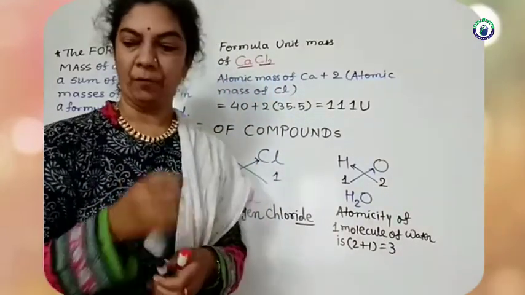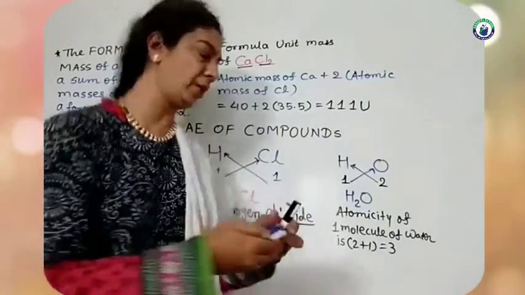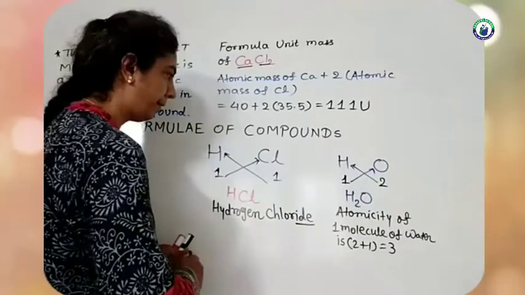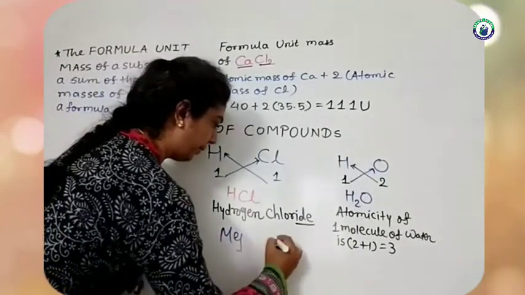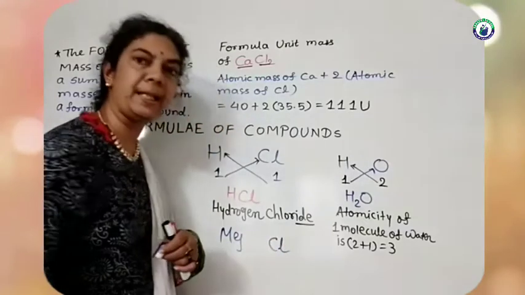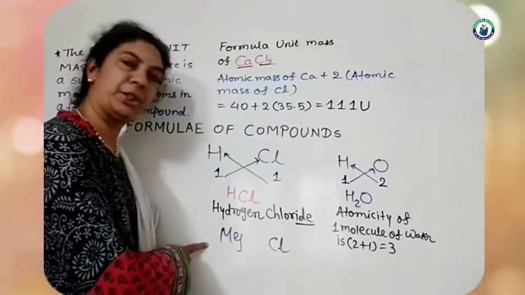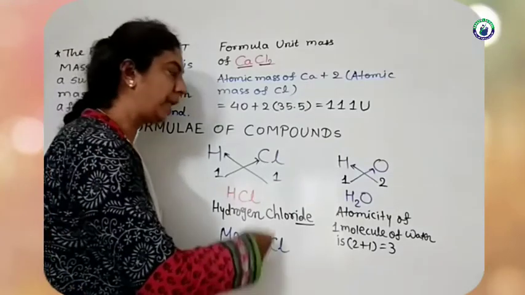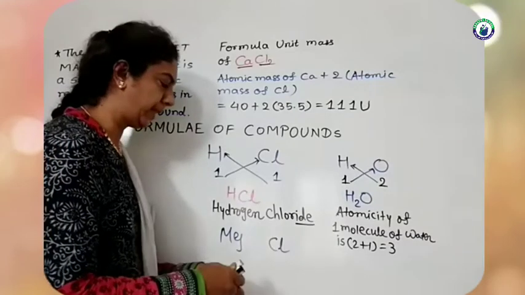Likewise, one more simple binary compound. Say we are having Mg and Cl. Mg is magnesium, Cl is chlorine. Recall their valencies.